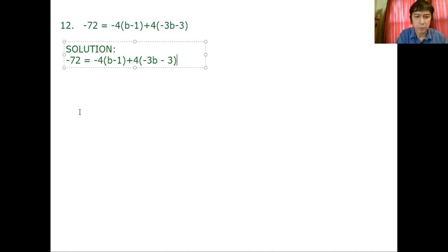Let me get my pointer. This will have to be divided by the 4. So let me do that first. We will have to divide this way, just like in the other numbers. We shall divide this by the smaller 4.